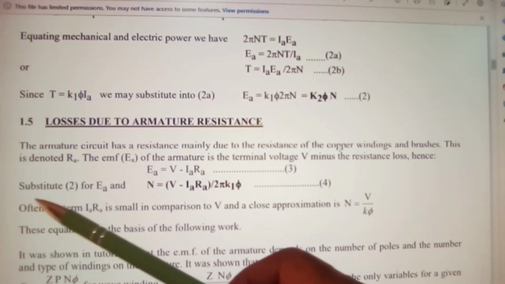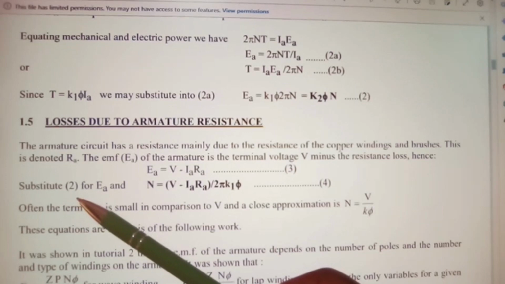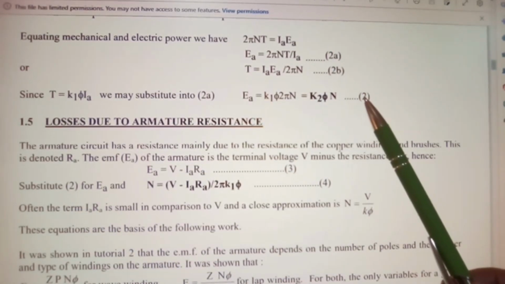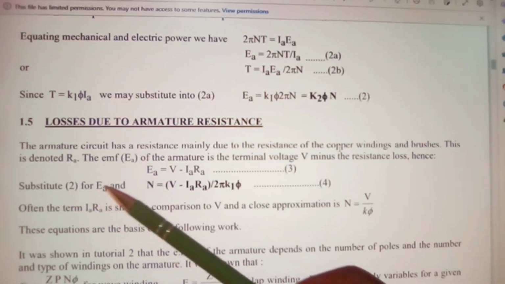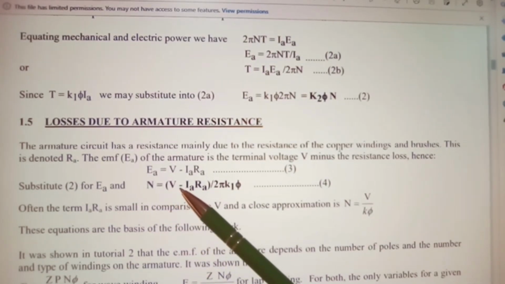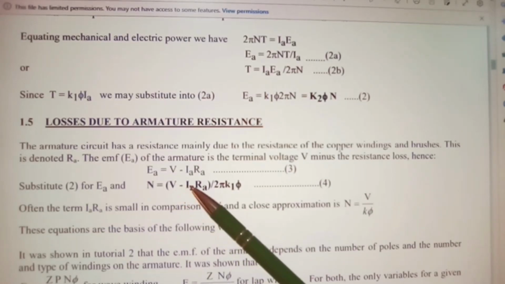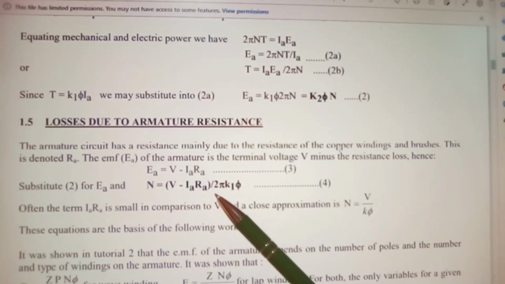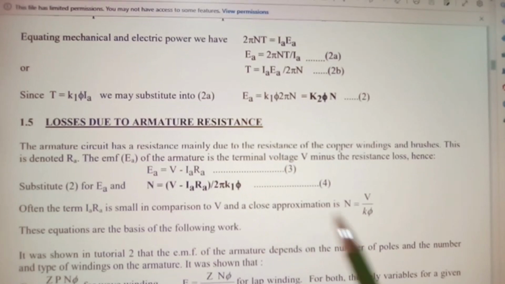Substitute into equation 2, which is up here, for EA, and we get n equals (V minus IA RA) over 2 pi K1 theta.